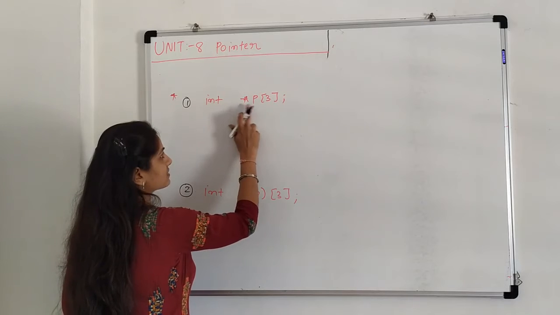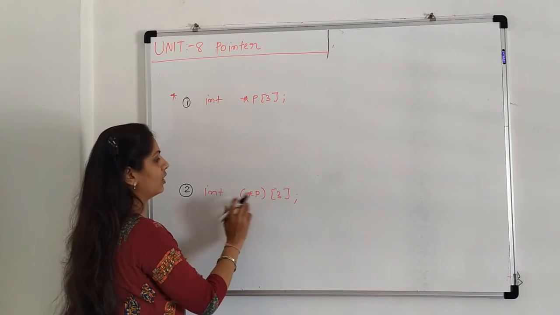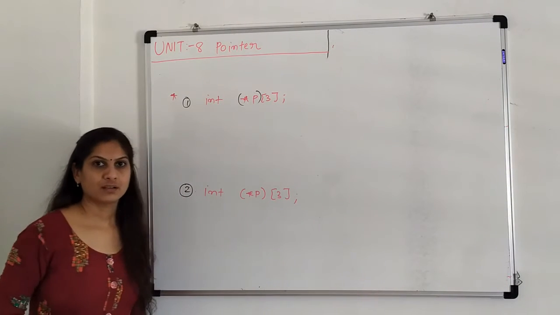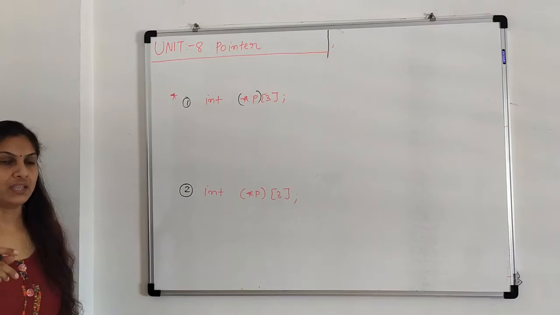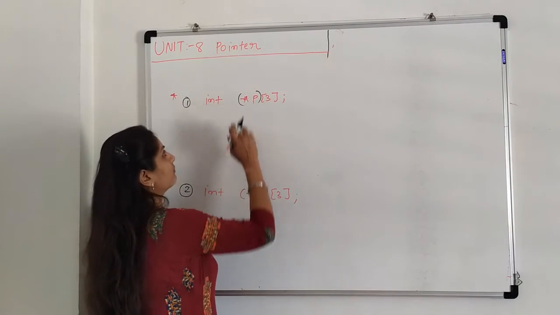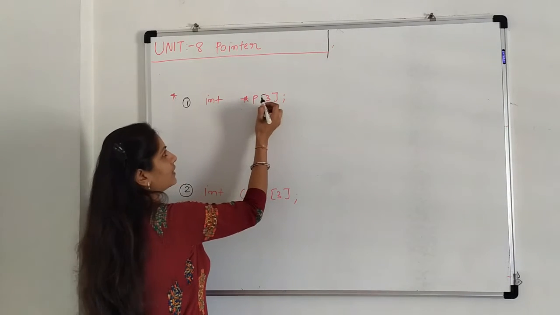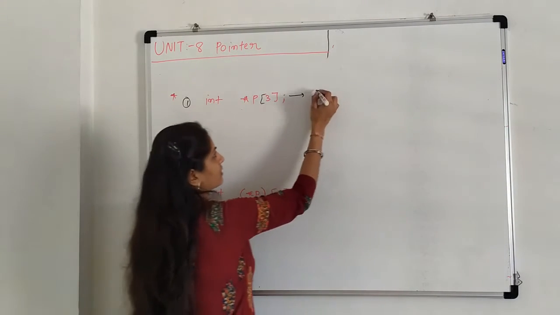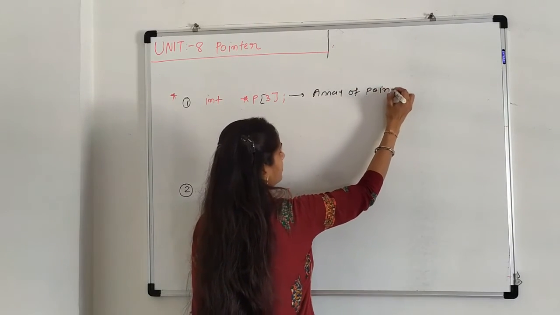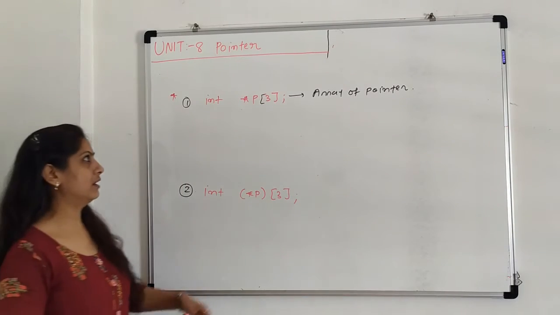Here integer star p of 3 and here the same integer star p of 3. The only difference is the bracket. Here no bracket on p, but here the bracket is on p. So what is the difference between these two? This is already done. This is our concept, that is array of pointer, which we are discussing right now.